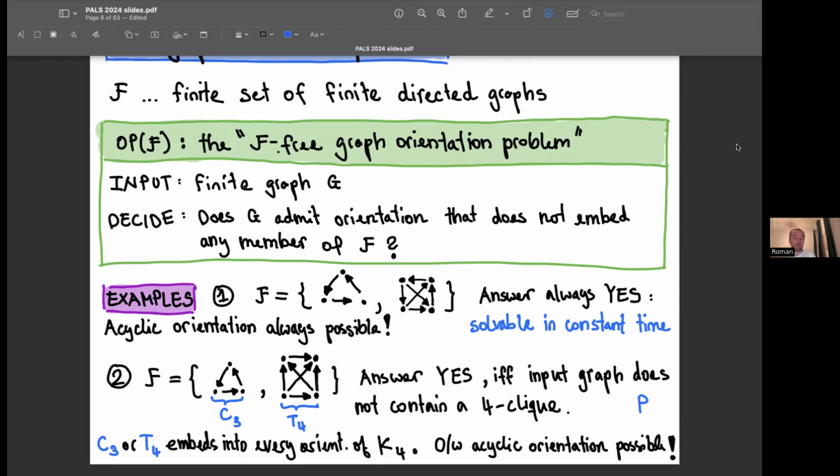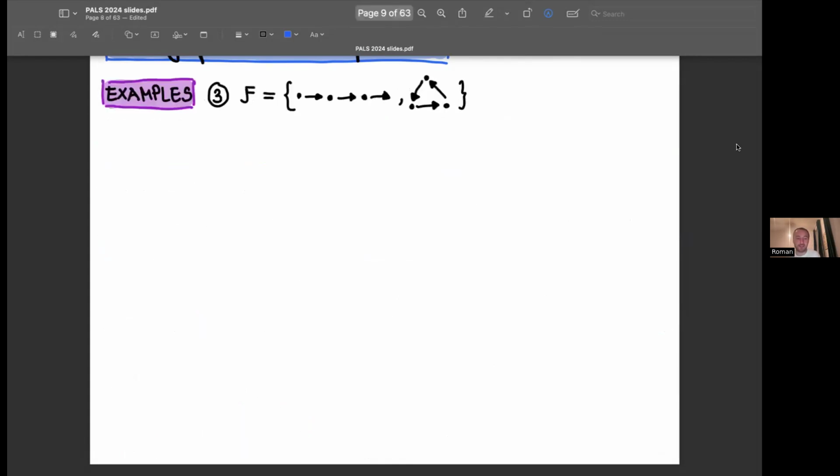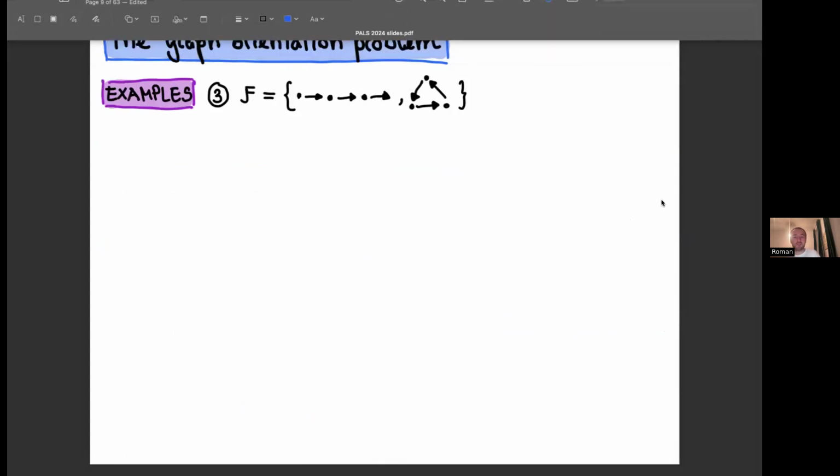But if the input graph does not contain a 4-clique, then we can again just choose an acyclic orientation of the edges. T4 cannot embed because it needs a 4-clique, and C3 cannot embed because it's cyclic and the orientation is acyclic.